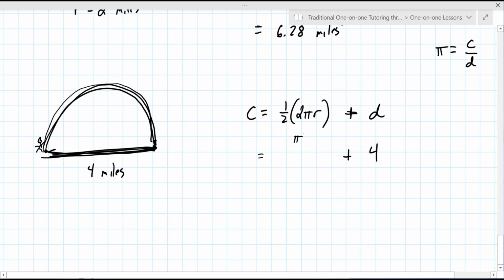So we have 3.14 and the radius is 2. So this is the perimeter, which is all the way around, including the circumference.